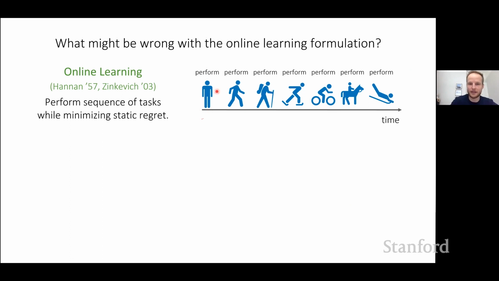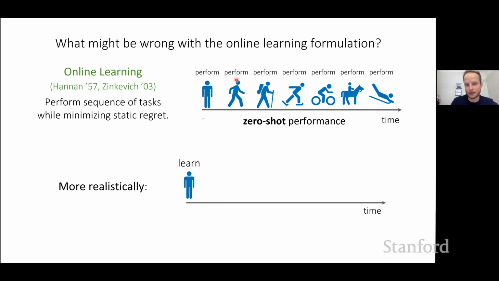You have to perform a task straight away, and then after you finish that task, you get to see the new task, and the performance is measured immediately. As soon as the task is presented to you, it will be measured how well you can do on that task.